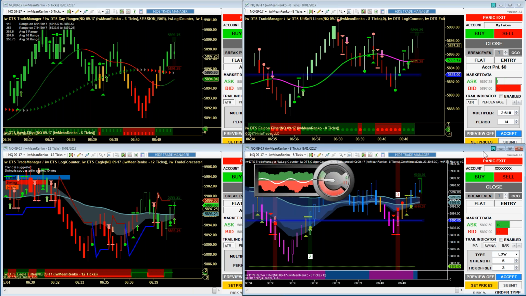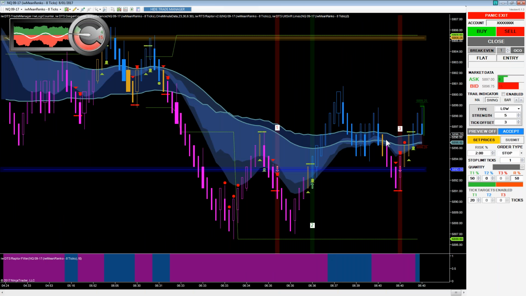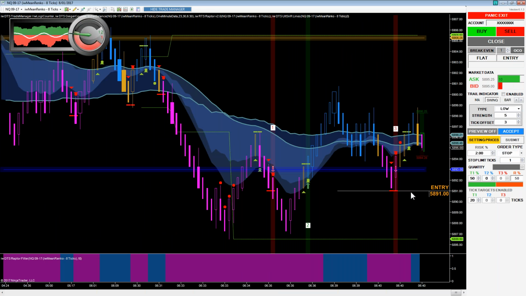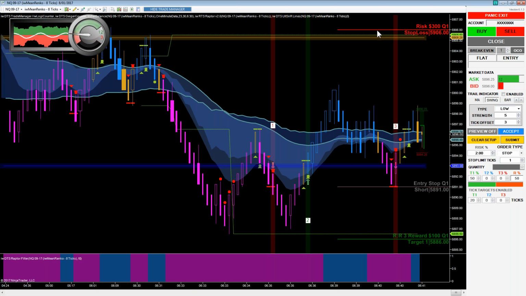In fact, you can see here the Raptor coming back with a hard edge bounce signal. So here's another trade that we can take a second push on. Can I cover it above the high?